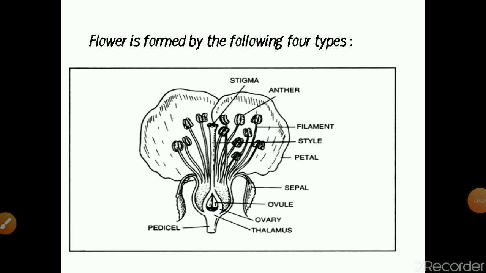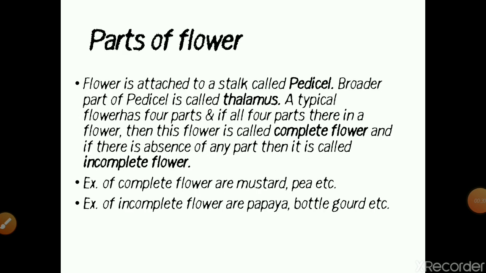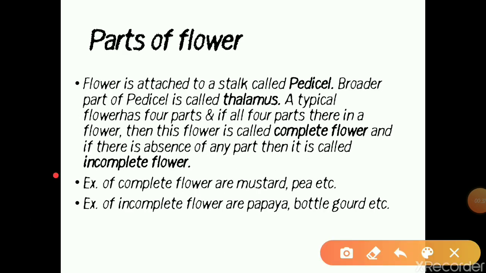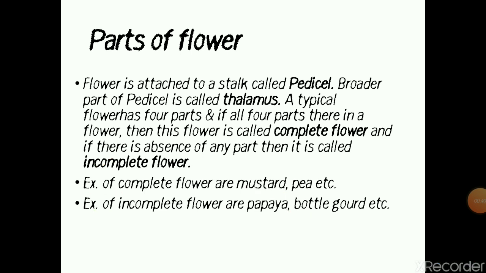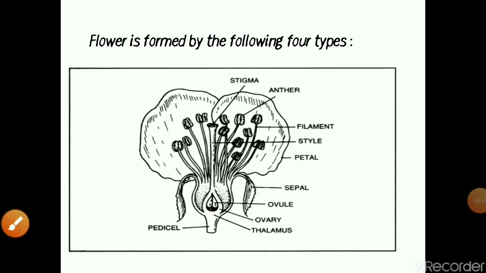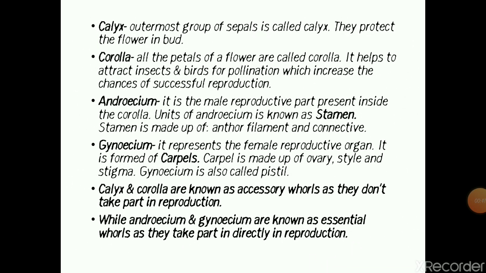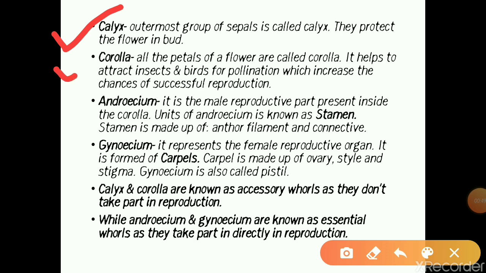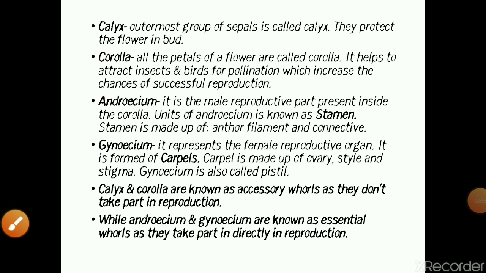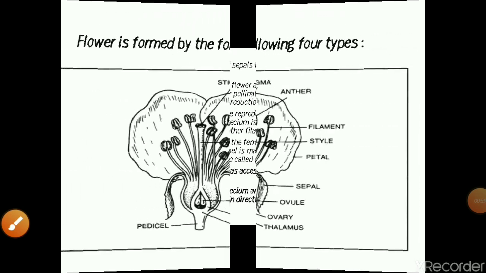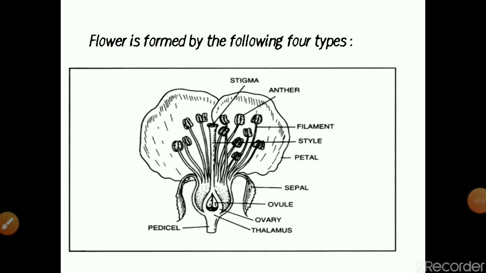Clear, students? Examples of complete flowers are mustard and pea, and incomplete flowers are papaya and bottle gourd. In the next slide we'll be talking about these 4 parts of the flower: calyx, corolla, androecium, and gynoecium. With the help of a diagram we can understand easily.